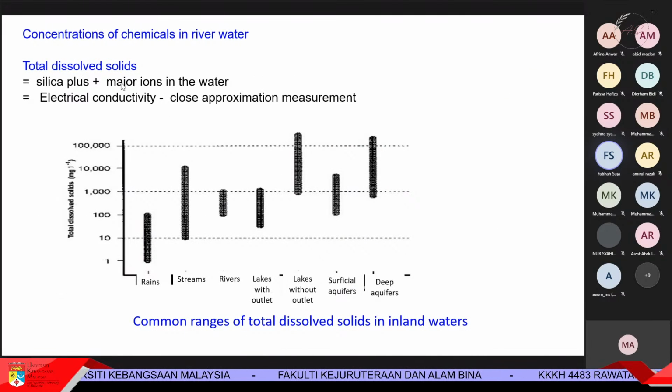Okay, this is the title: concentration of chemicals in river water. These are natural variations. We are talking about the concentrations of naturally occurring chemicals.